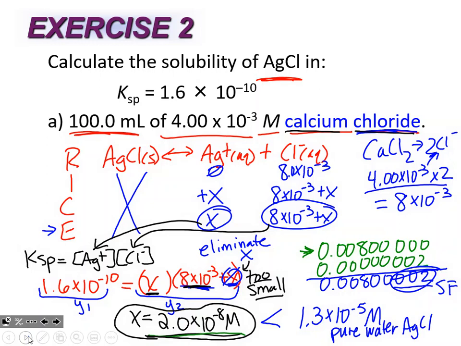So mathematically, this shows you that the common ion effect actually decreases solubility. Because instead of being able to dissolve 1.3 times 10 to the minus 5, now it can only dissolve 2 times 10 to the minus 8. It does not have the same level of being able to dissolve. Does that make sense?